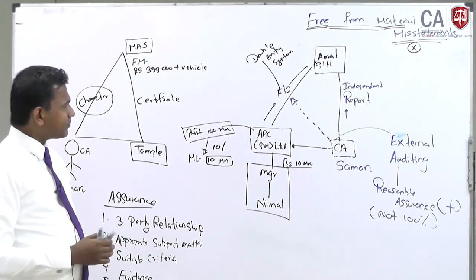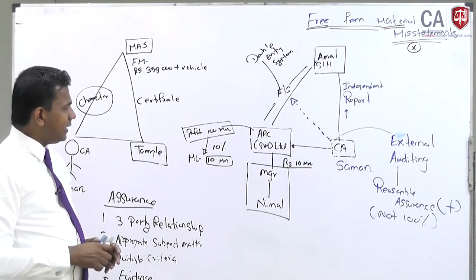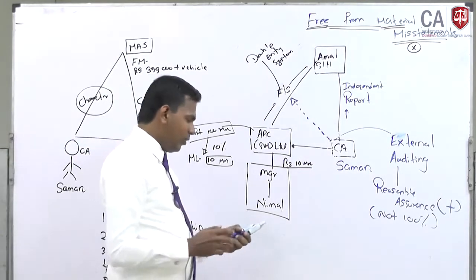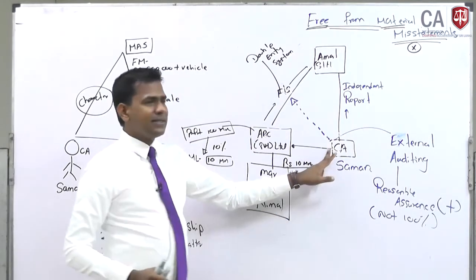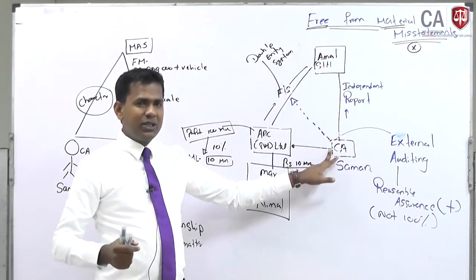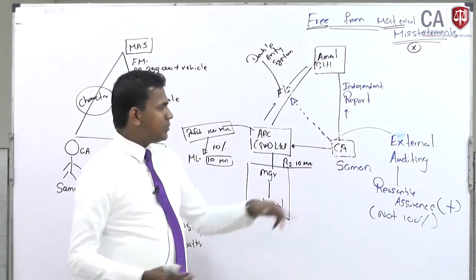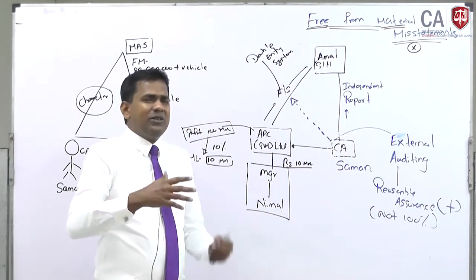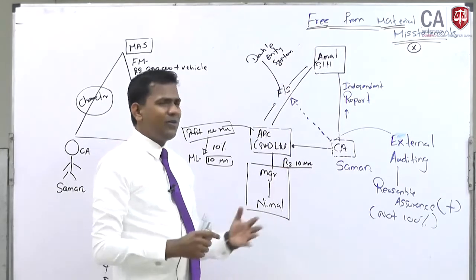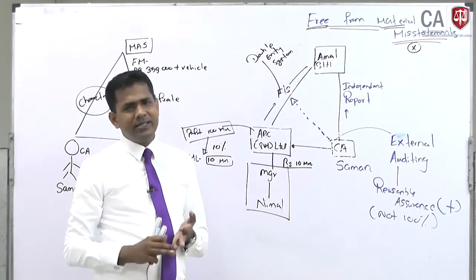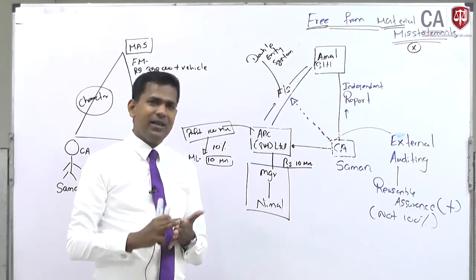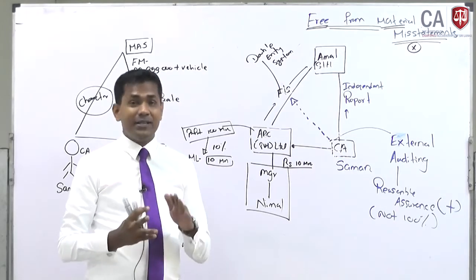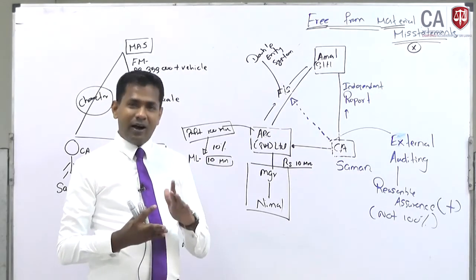So then, one more thing we want to know. Now shall we say Saman is a chartered accountant. In Sri Lanka there are so many audit firms. Saman is a chartered accountant, then KPMG is there, EY is there, PwC is there, Creston is there, BDO Partners, Deloitte, Jayasinghe and Company, RT Associates.